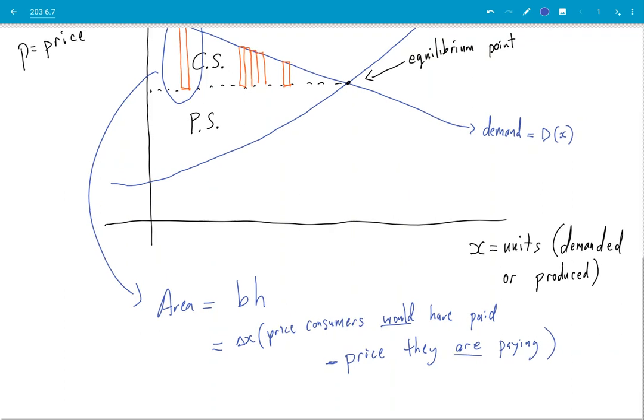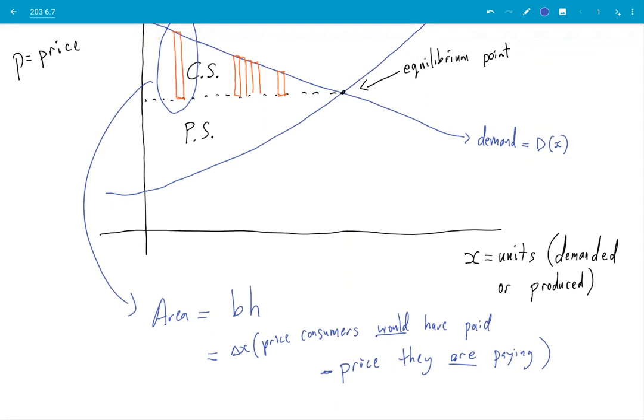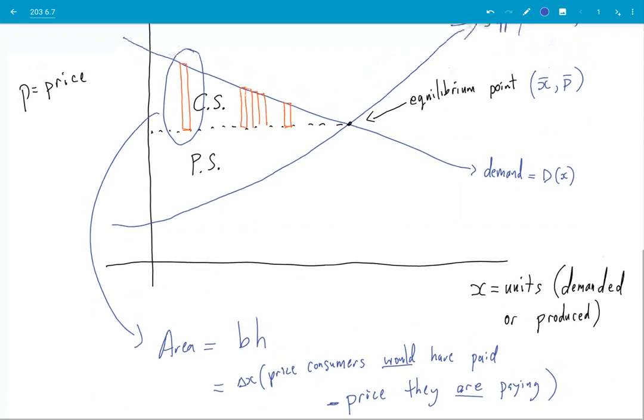Okay, because when you hit this equilibrium point, let's call it x bar, p bar, you have this equilibrium price, which is lower than the price these consumers would have paid.